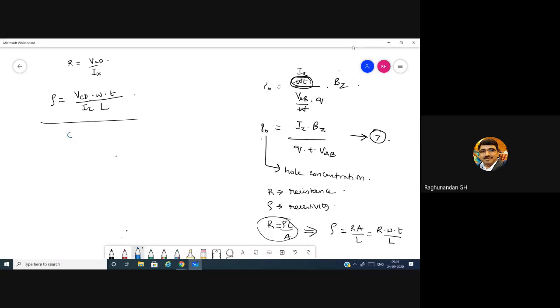So let us take conductivity. What is the simple way to find an equation for conductivity? 1 by rho. Already you know what is rho. The reciprocal of resistivity is conductivity. So it is 1 by rho. After this, the next one is mobility.